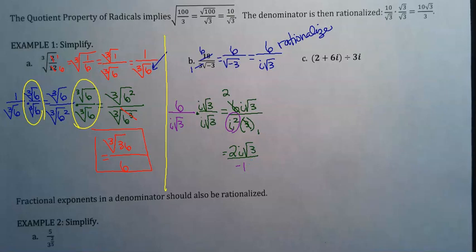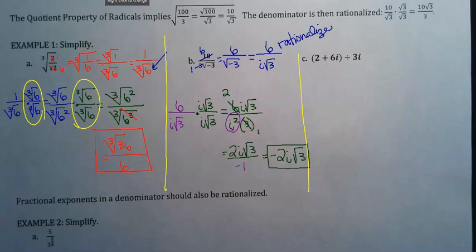So this is going to be equal to negative 2i times the square root of 3. So negative 2i times the square root of 3. And let's move on to C.